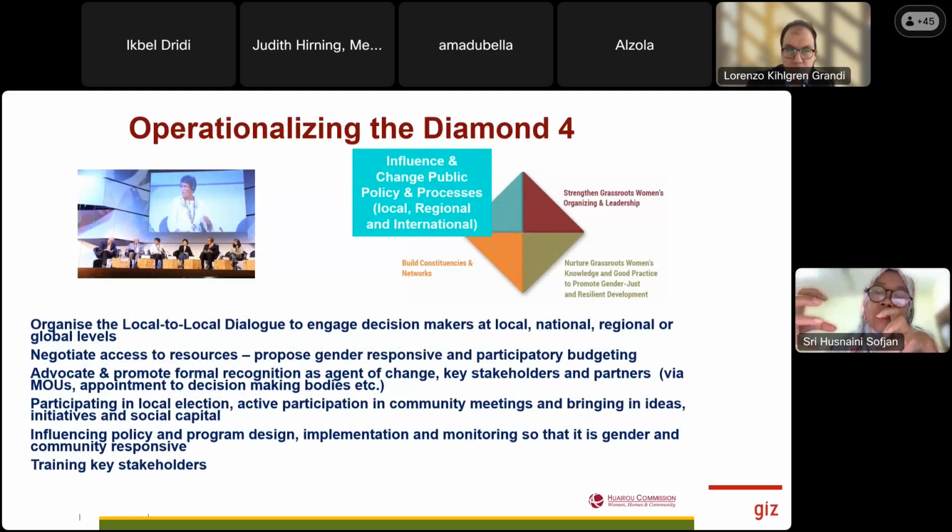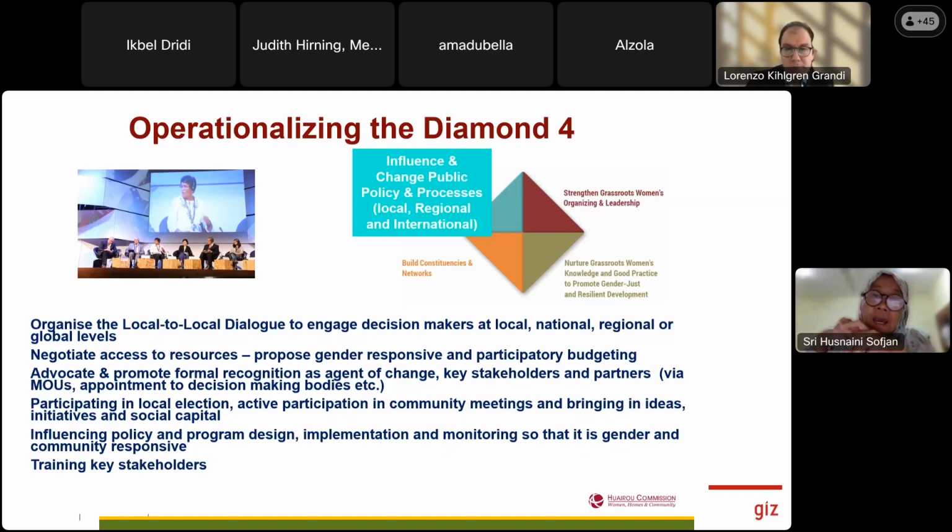So their communities, their constituencies of grassroots women, saving groups, are able to get their voices and needs recognized.